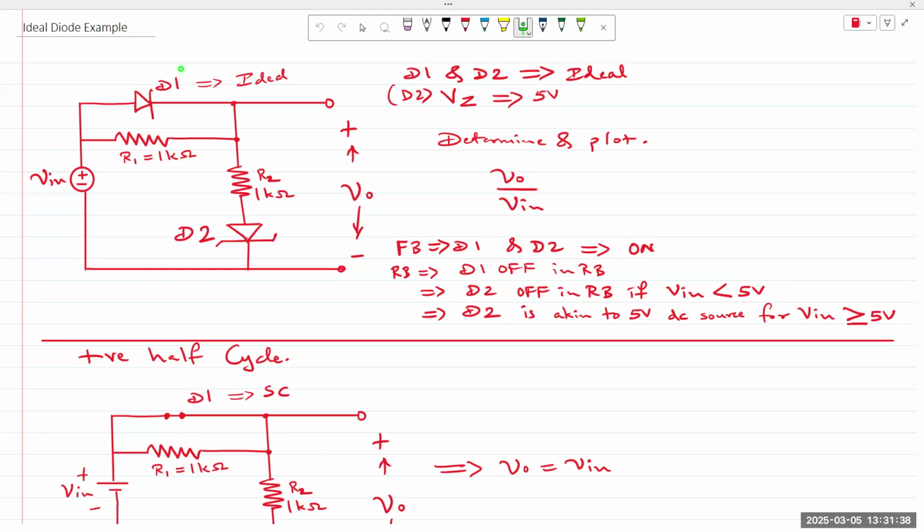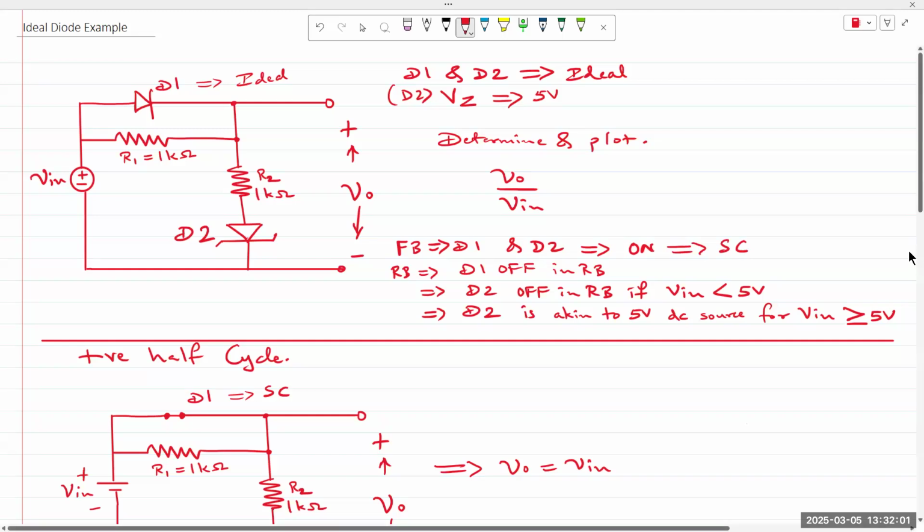So in forward bias, it would function as a regular diode. And so in forward bias, a Zener diode is also a short circuit. And so here, I would say both diodes are replaced with a short circuit.